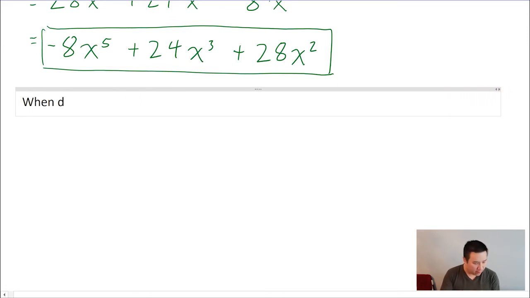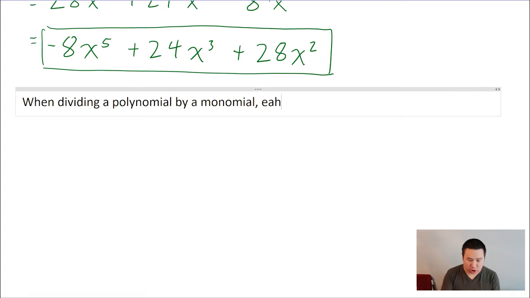So when dividing a polynomial, or rather, when dividing a polynomial by a monomial, each term in the polynomial is divided by the monomial.